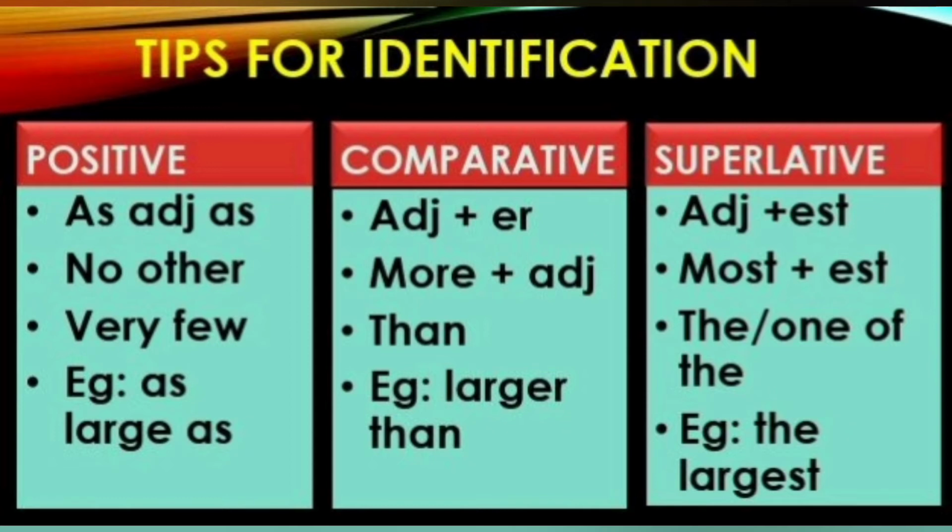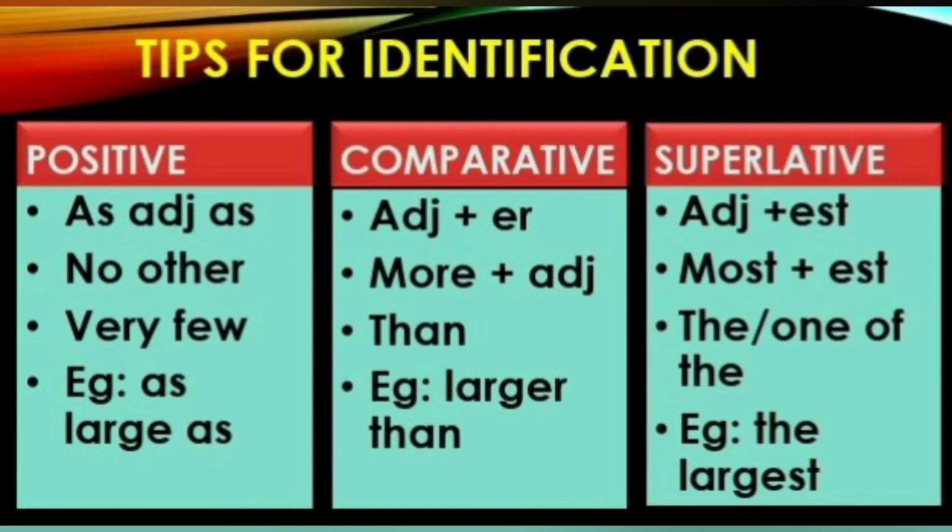And there is a conjunction used in comparative degree. The conjunction is than. An example, larger than. More examples can be given: more beautiful than, more useful than, etc.